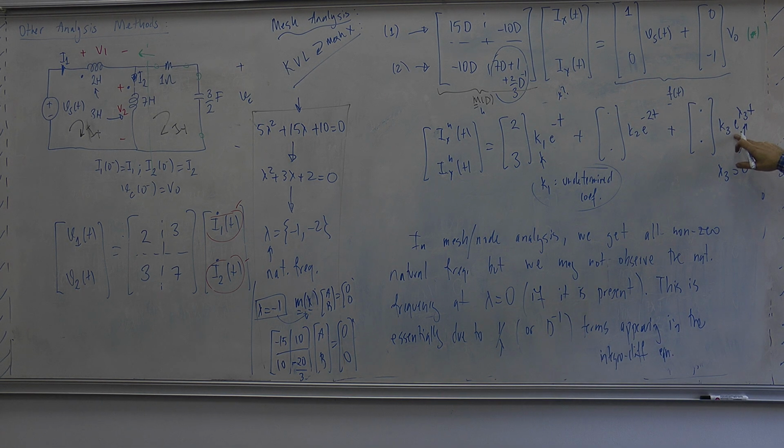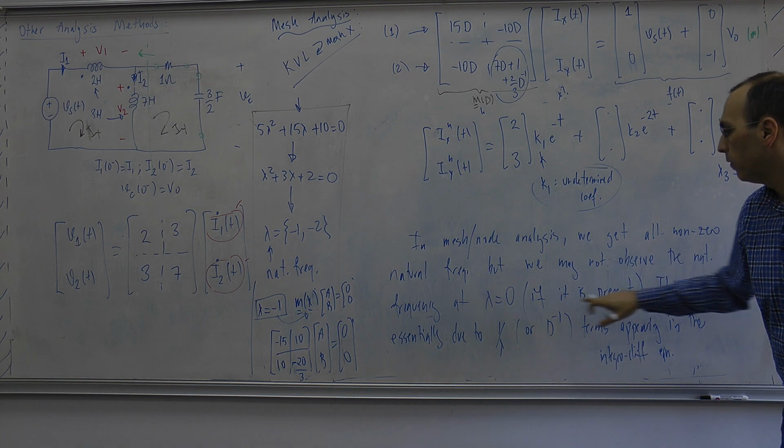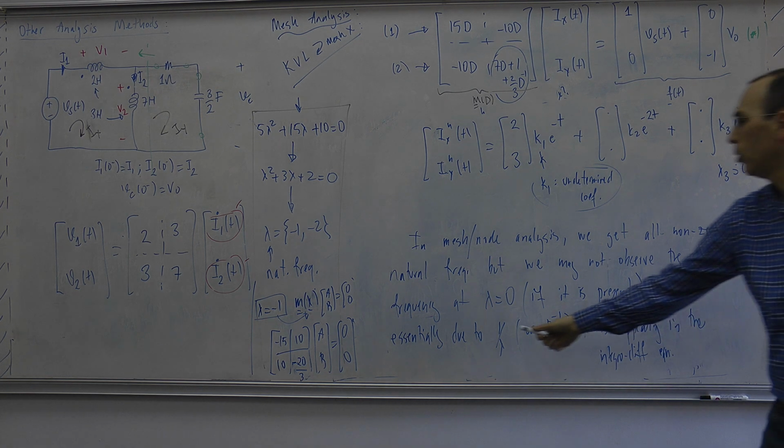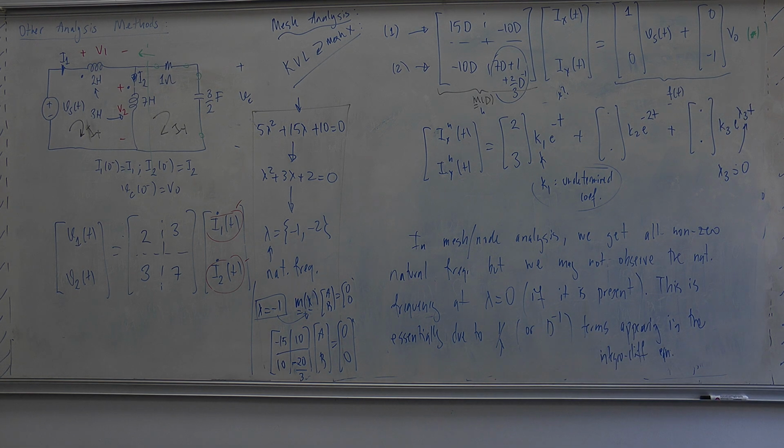There can be a missing natural frequency, but you are lucky, you know its value: if it is present indeed, it will have the value of 0. So we know the value of the missing frequency, but we don't know in general whether it is present or not. Again, it's all related to this integration operator. There are further details, of course, but this is good enough for the solution of this system.